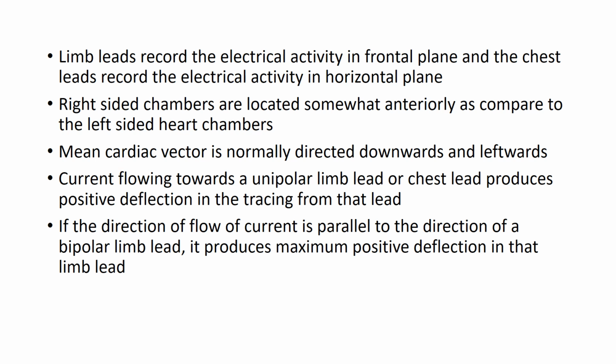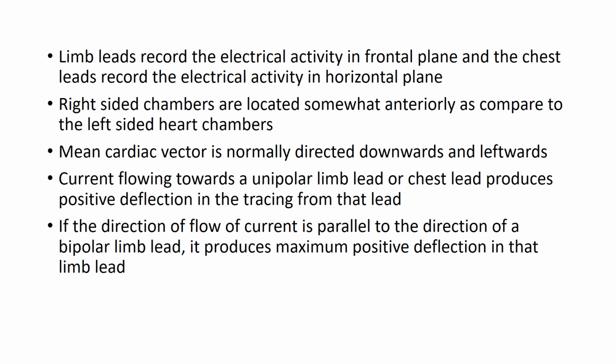The second concept is that right-sided heart chambers are located somewhat anteriorly as compared to the left-sided heart chambers. The third important concept is that the mean cardiac vector is normally directed downwards and leftwards.